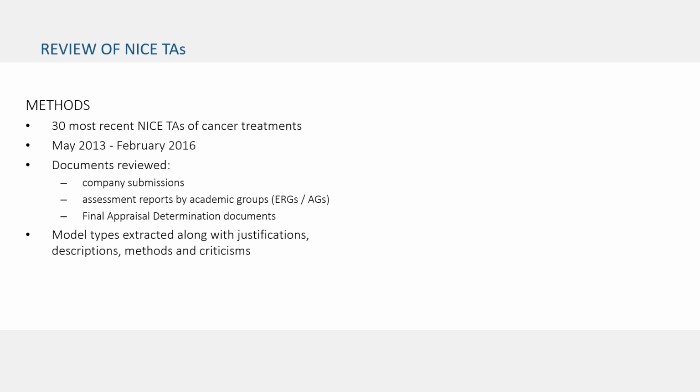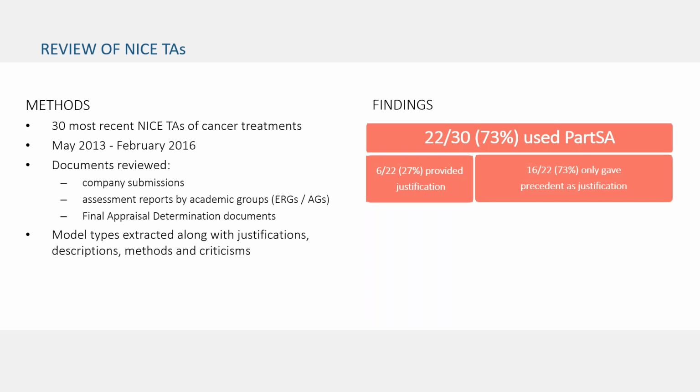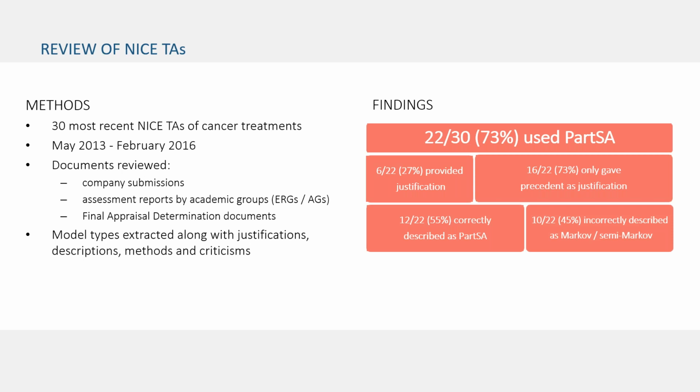So the full results can obviously be seen in the report, but we've just got some of the key findings here. So out of the 30, 22 used a partition survival analysis, so that's 73%. 6 of these provided full justification for their choice of model approach, whereas the other 16 just gave precedent as their justification. 12 of them correctly described their approach as a partition survival analysis, whereas the other 10 had used different terminology, so they either described it as a Markov model or a semi-Markov model.